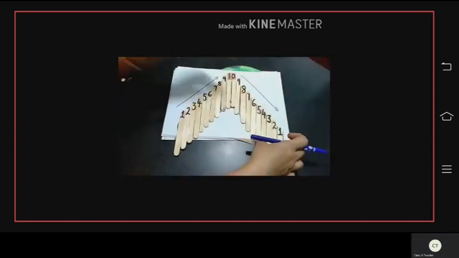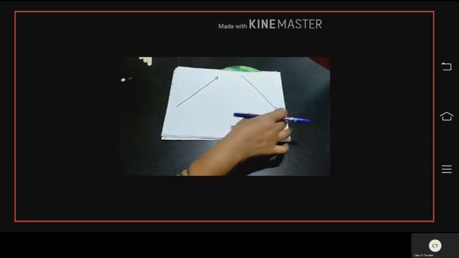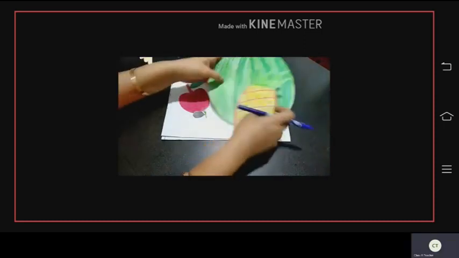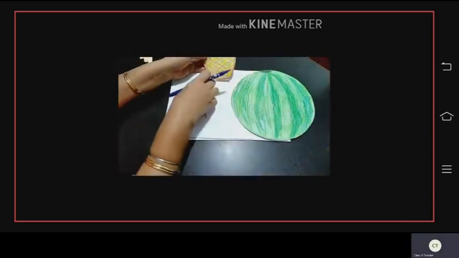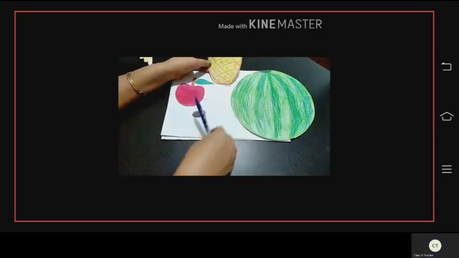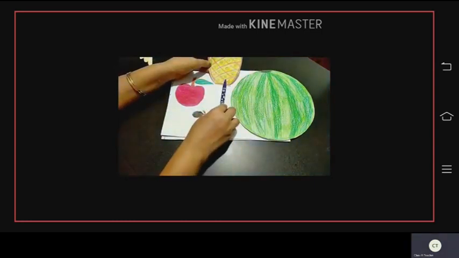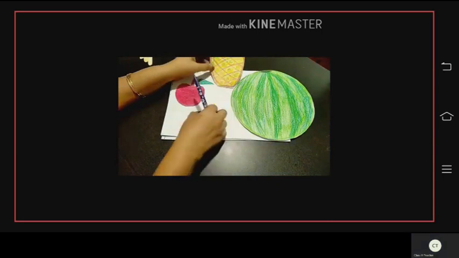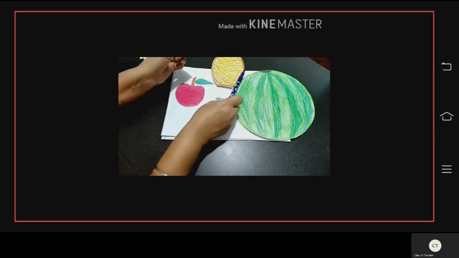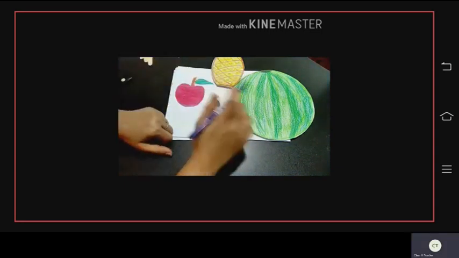See, here I have the cutouts of a few fruits. Can you name these fruits? This is a pineapple, apple. This is a single grape. And this one is a watermelon.